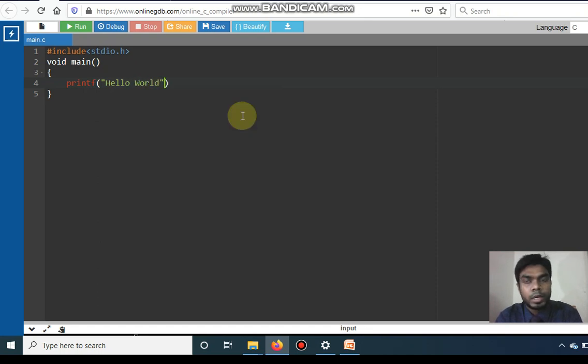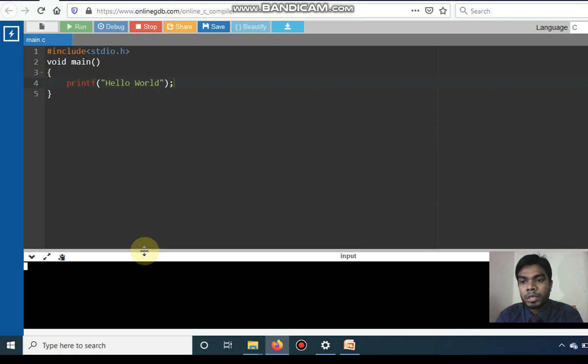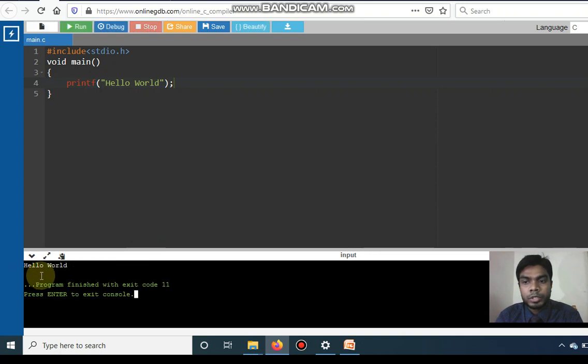At the end of this instruction we give a semicolon, which indicates the ending point of the instruction. printf Hello world. So let's run the code. If we run the code, it will give us the output. You see, it is printing Hello world. I guess now you are clear how we can write this code.